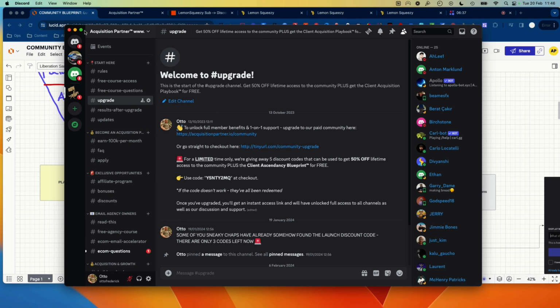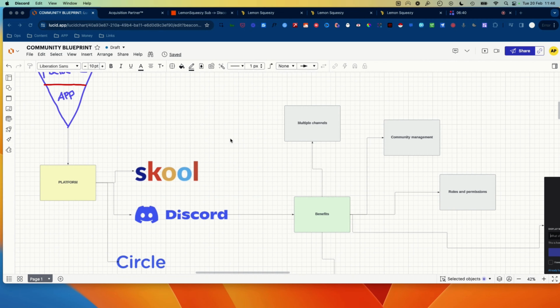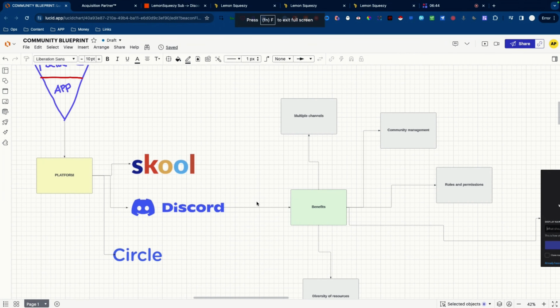That gives an example of the use case that we made for Discord, something that you can't do, as far as I'm aware, in School. You'd either need a free community or a paid community. So we wanted multiple channels. We also wanted a way to manage that community that would be super simple, where we could rely on virtual assistants or whatever it might be.